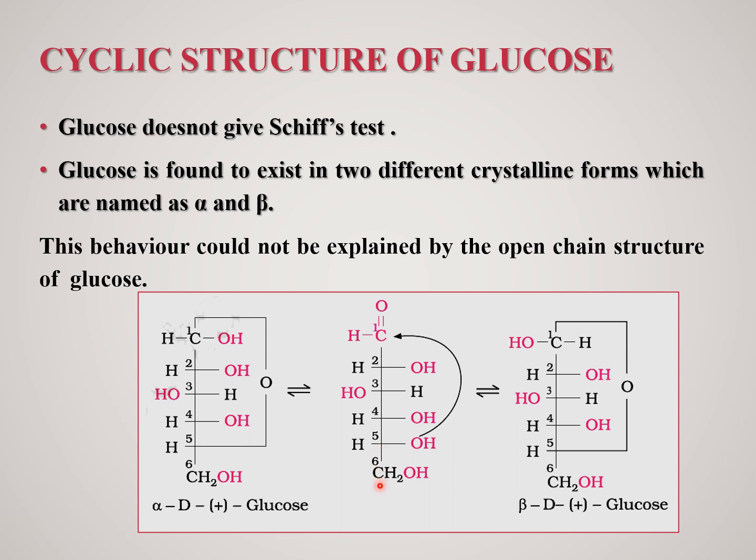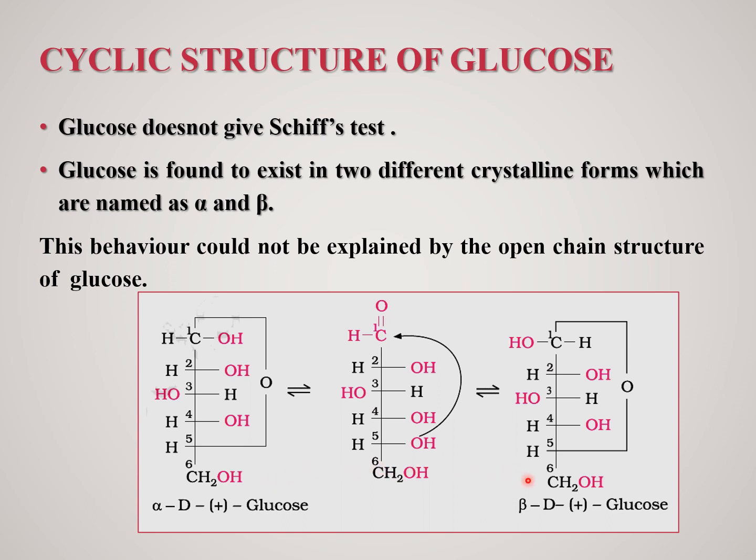And carbon 6 is CH2OH. Now students, whenever you take the compound of glucose, there is just about 1% chance that the molecule could exist in this open chain structure. 99% chance the molecule of glucose would get converted into a cyclic ring structure, what is seen on the left and on the right side.